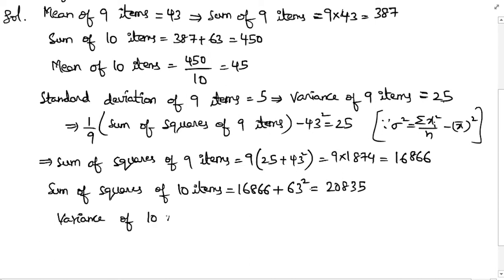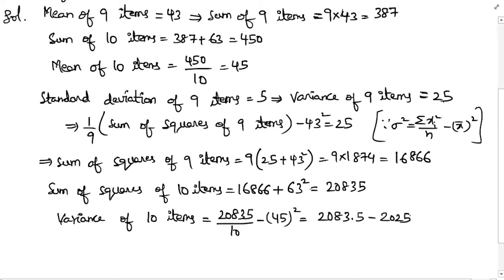So now the variance of 10 items is equal to 20835 divided by 10 minus 45 square, which is equal to 2083.5 minus 2025, which is equal to 58.5.